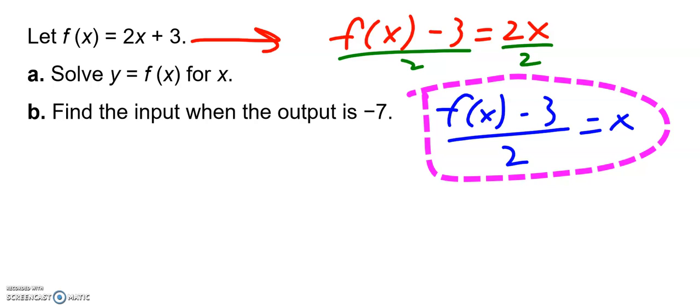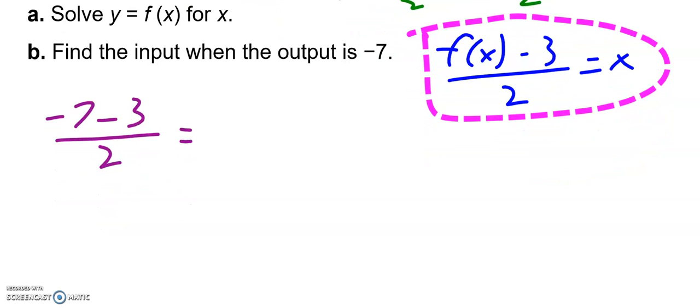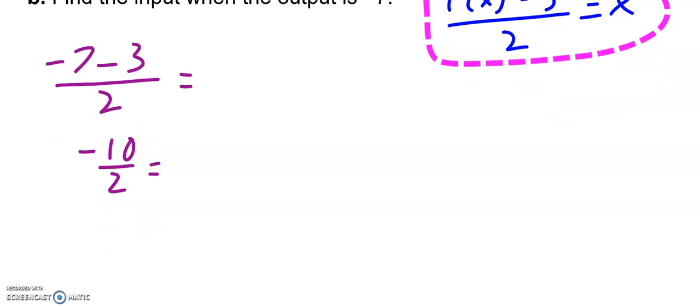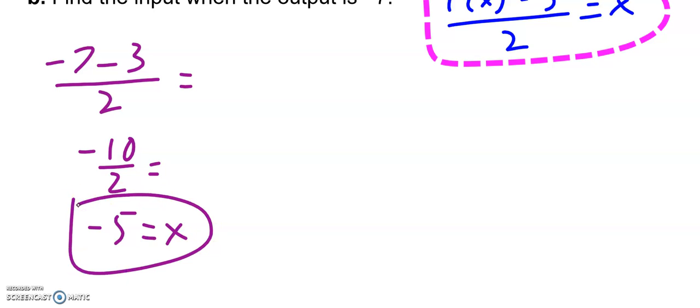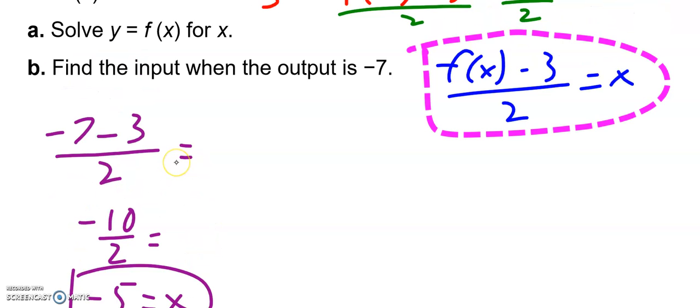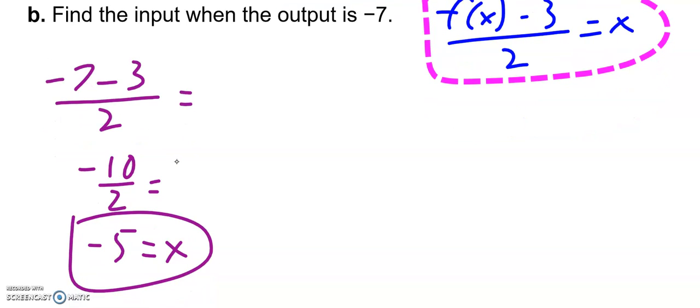So we'll do that, and we can say -7 minus 3 over 2, and -7 minus 3 is -10 over 2, and so I have -5 equals x. So that is part B. This is going to make more sense in a little bit on why we did this. So first, we want to make sure we understand how to do it.